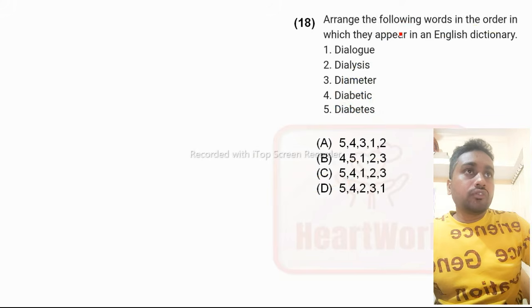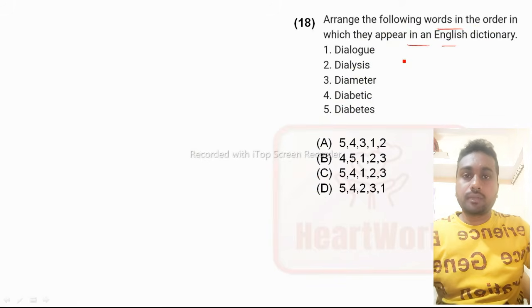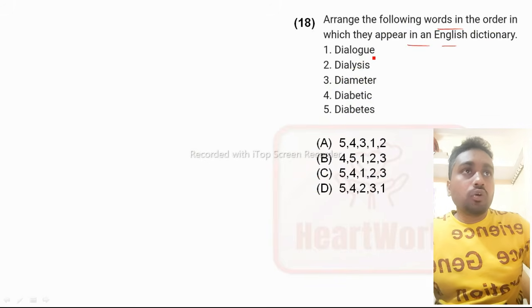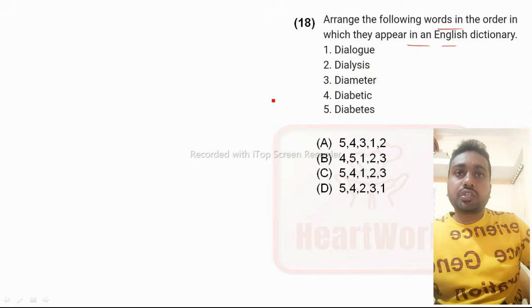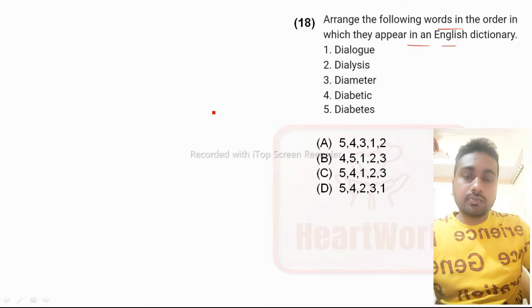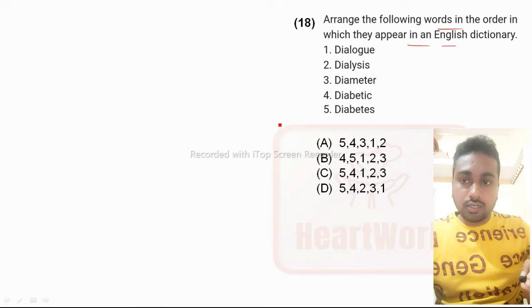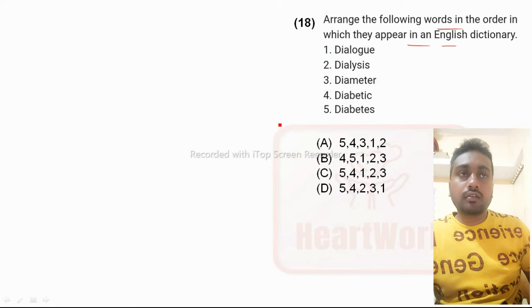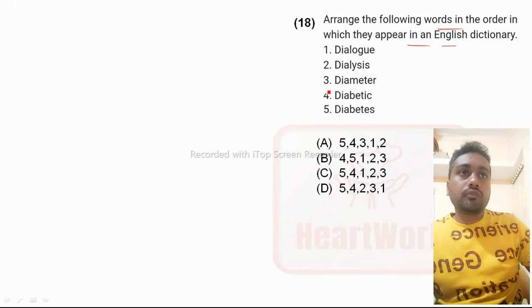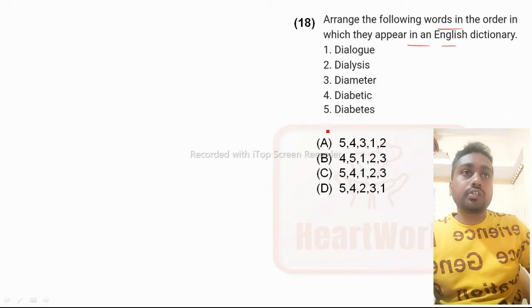Now arrange the following words in the order in which they appear in the English dictionary. I hope you have seen an English dictionary. In the English dictionary, the words are arranged in alphabetical order. Here the D series is there. First we see who will come first in a dictionary.